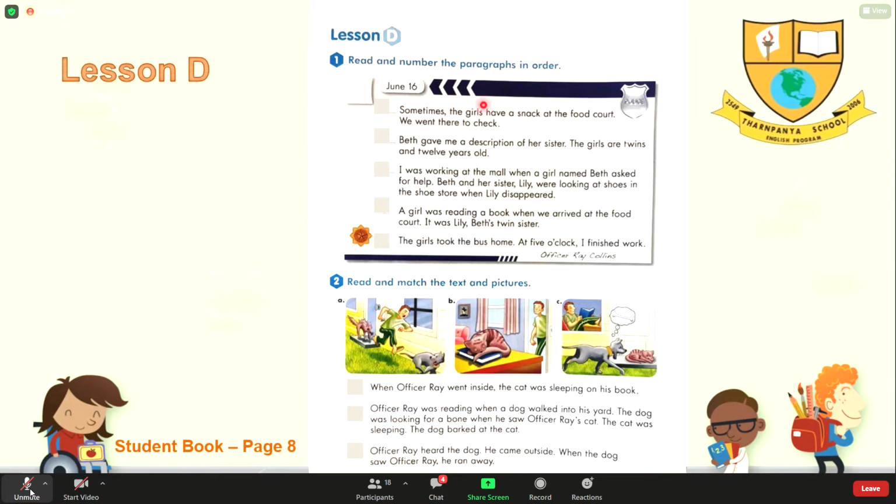What we have are 1, 2, 3, 4, 5 different paragraphs here. Who can tell me which is the first one? Which one is the first one? Who can tell me? Which is the first one?